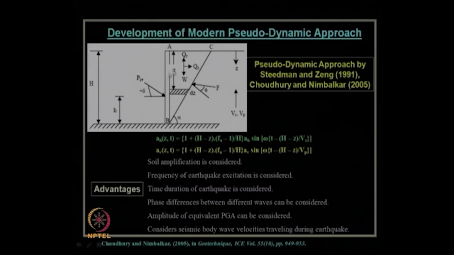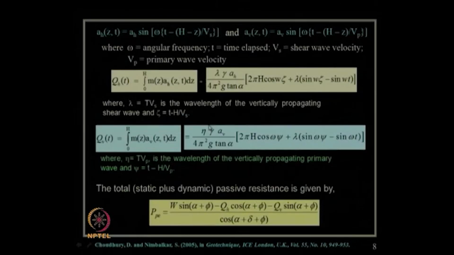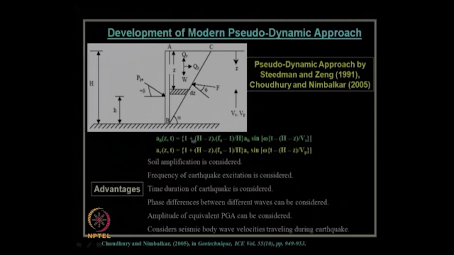So, what has been done after finding out the QH and QV expressions, W is already known as I said, then the limiting equilibrium of all these forces involved was considered. Once you do the limiting equilibrium of all the forces involved in this two dimensional problem, the total, that is static plus dynamic passive resistance, can be obtained like this, which needs to be optimized with respect to this angle alpha.